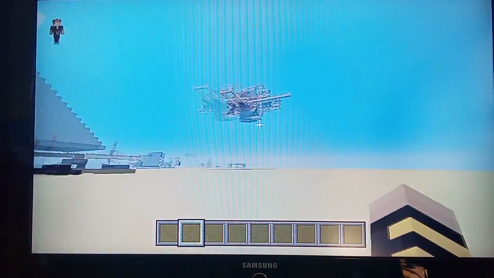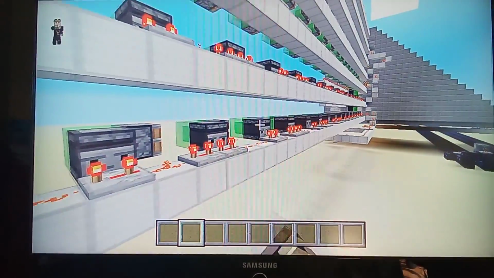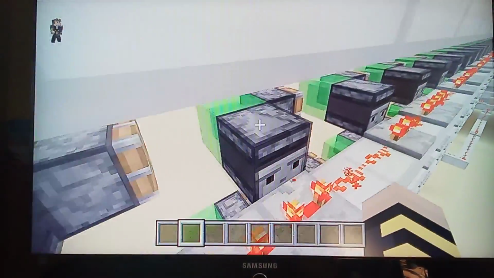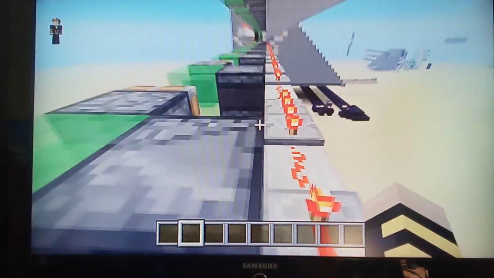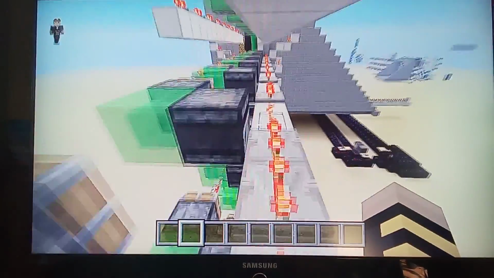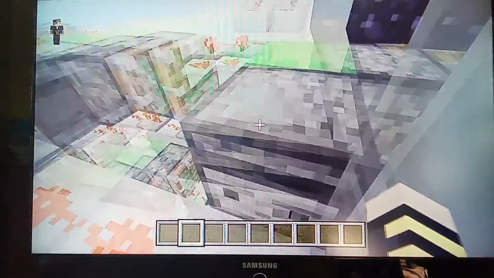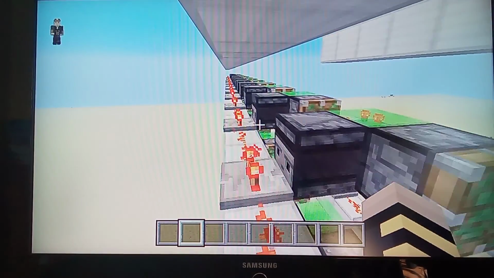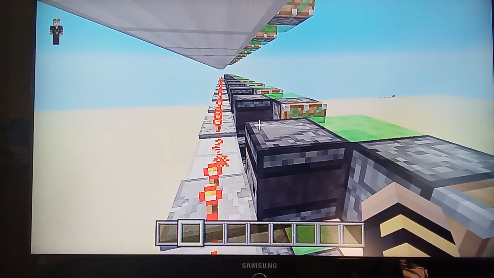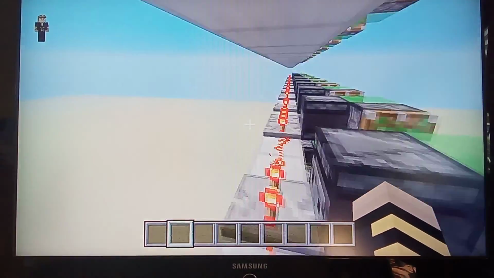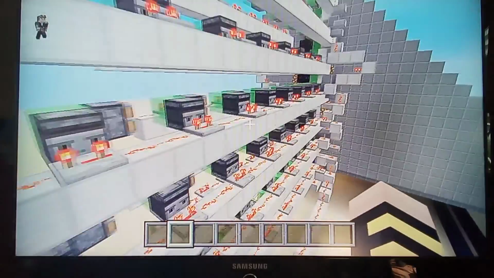But there is one difference between this and the flying machine, and it's that these extenders have a limited range. They cannot go forever unless you build them infinitely long, which is not possible, of course. But they just can go only for as long as you make them. So that is the difference between this and the flying machine.